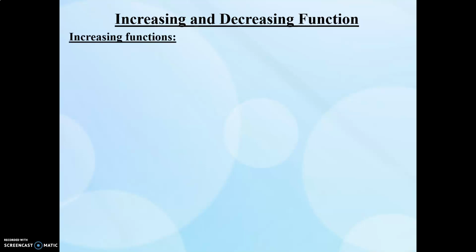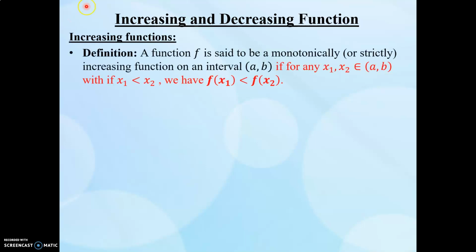In that, increasing functions. So definition, a function f is said to be a monotonically or strictly increasing function on an open interval ab if for any x1, x2 belongs to ab, if x1 less than x2 we have f of x1 less than f of x2.